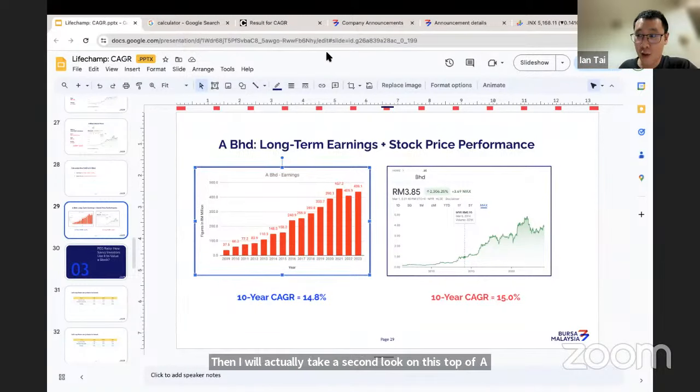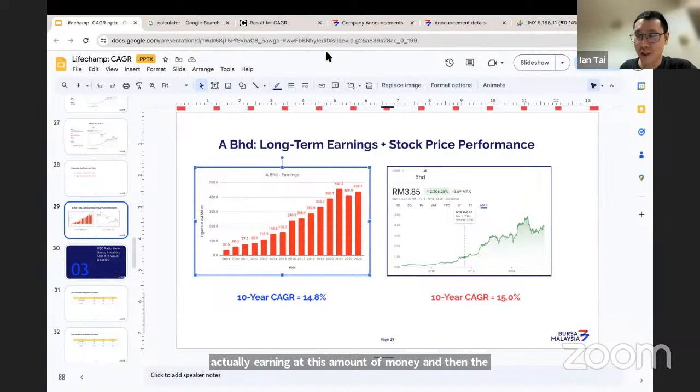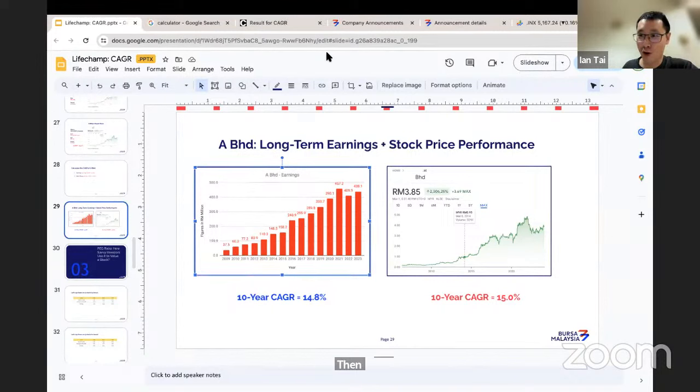The other case is whereby the stock price growth exceeds the growth of the earnings. Let's say last time the stock was earning this amount of money, and the PE ratio was about 15 or 20. Then 10 years down the road, the stock has increased its earnings, maybe double, but the stock price increased by 4 times. Then for the earlier shareholders, congratulations.